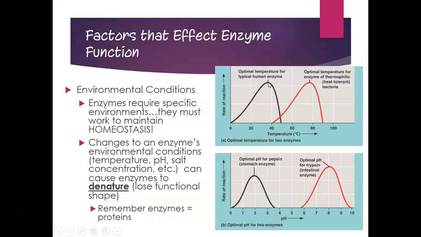So let's assume that at that optimum for this particular human enzyme, so we're talking about body temperature, it's about 38 degrees Celsius. That enzyme is able to break down 100. So if I'm at 100 molecules of sucrose here at its optimum, as I get lower and lower in temperature, maybe here I can only break down 100 molecules of sucrose.